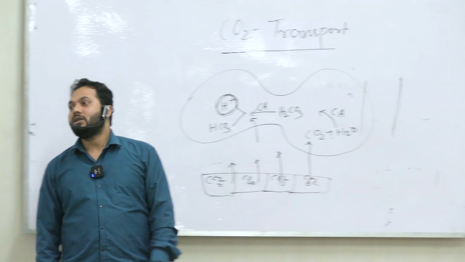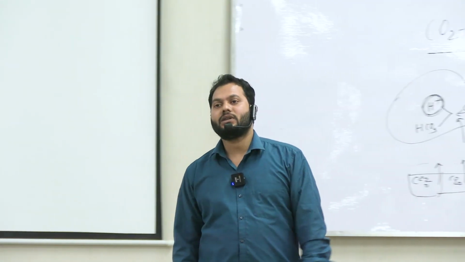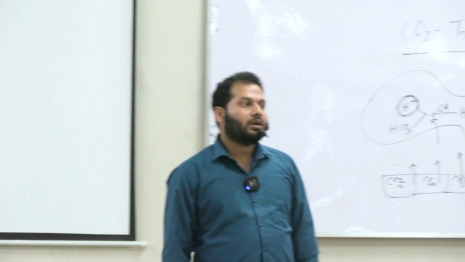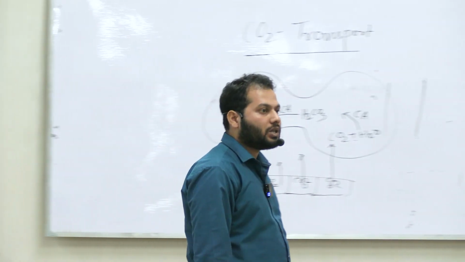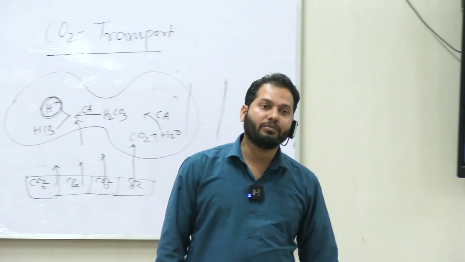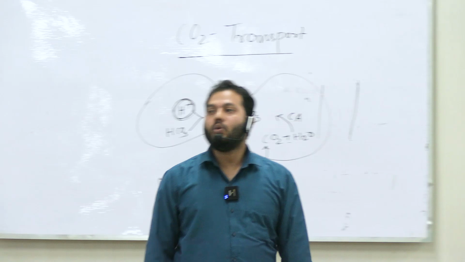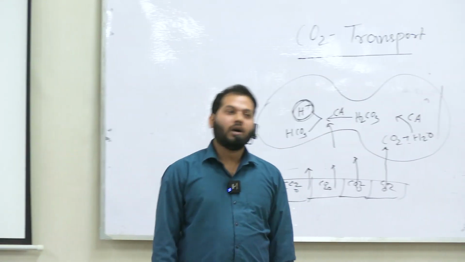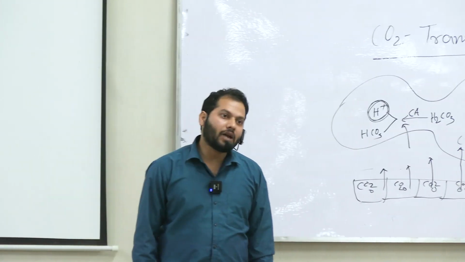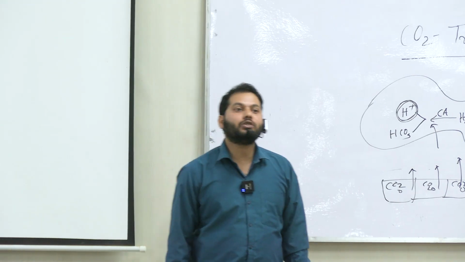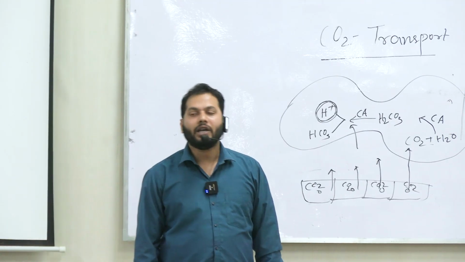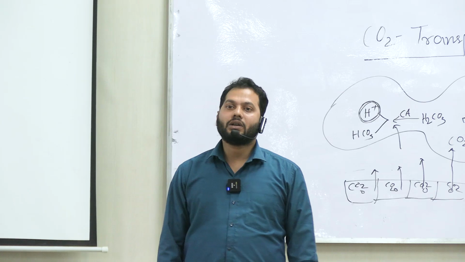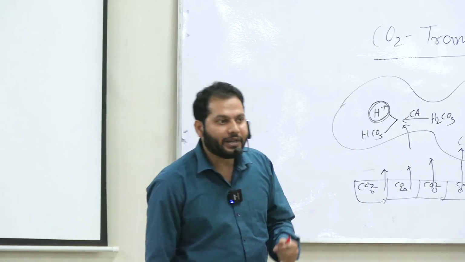So to maintain the balance or to maintain the pH of blood, it needs to either remove the H plus ion or it needs to bind with some other molecules so that the pH can be maintained.